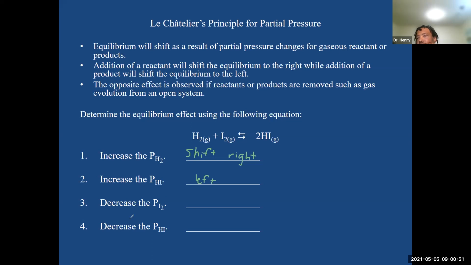What about a decrease in iodine? Is that the one where it would shift left still? That's right, it's a shift left because you're trying to compensate to make up for that loss in pressure. And then that one would be right. Yep.